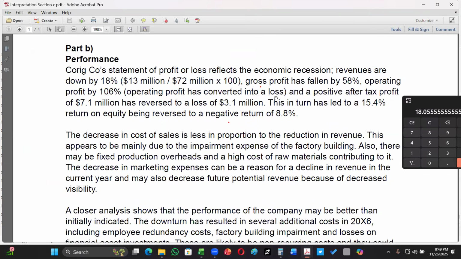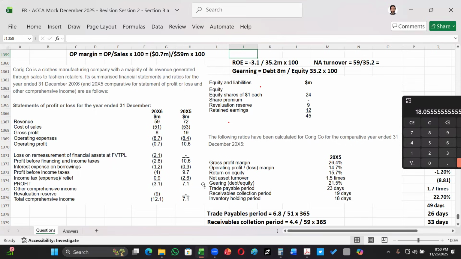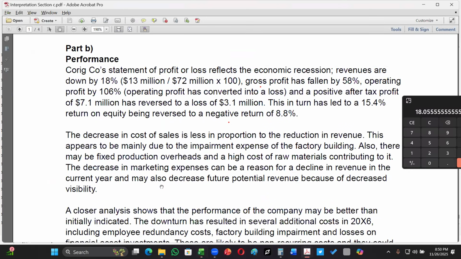Okay, and a positive after tax of 7.1 million has reversed to a loss of 3.5 million. So this is referring to this statement, like we have this overall profit of 7.1 million in the previous year, and now it has become a loss of 3.1 million. Okay, so this shows a very seriously poor performance.